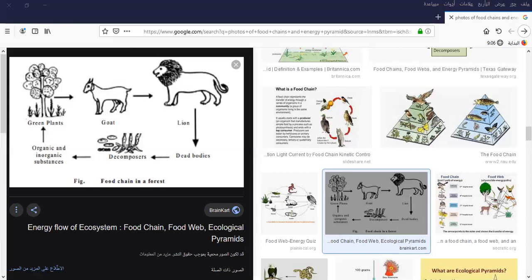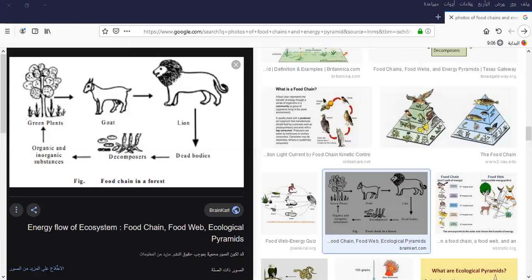Then the energy inside the goat is transferred to the lion, when the lion eats this goat. Then the lion dies and decomposers decay its dead body. When they decay it, the organic nutrients and inorganic substances of the lion return to the earth again. Where did the organic and inorganic materials in the lion originally come from? From the plant. The goat eats the plant, and then the lion eats the goat.